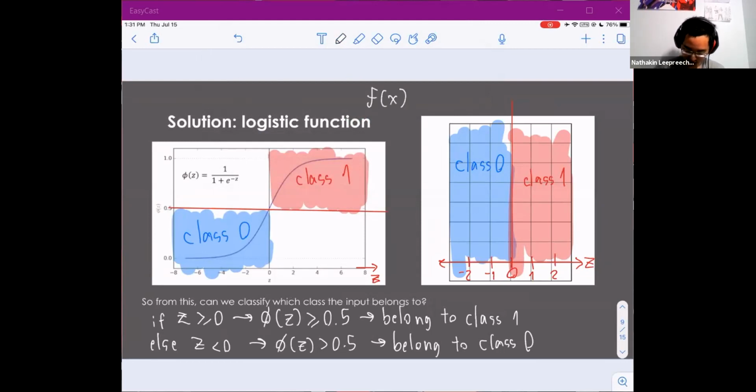It's f of x, but we represent it as z in this case so that I can fit it into the line equation.